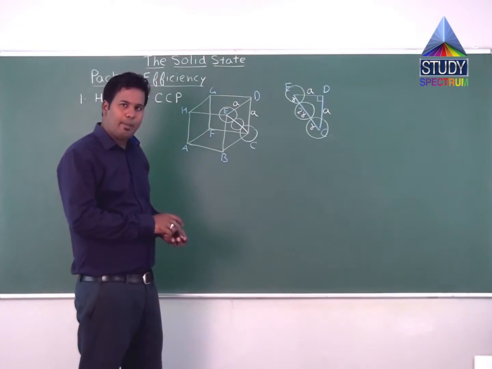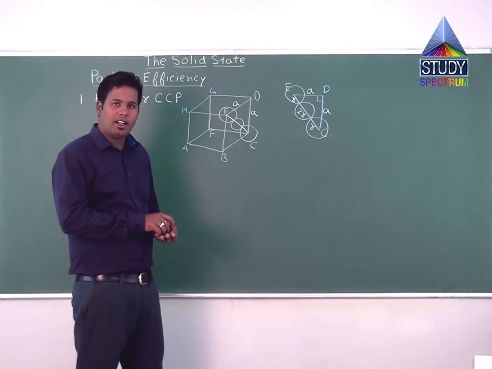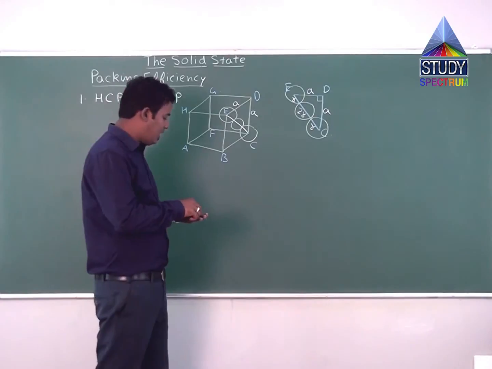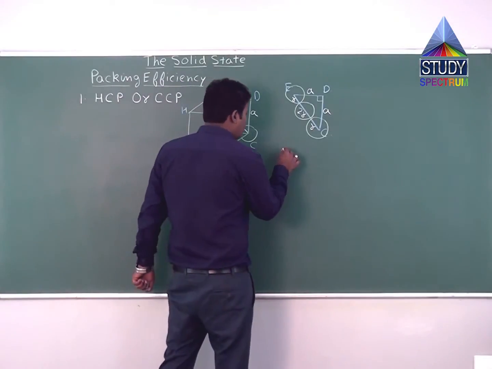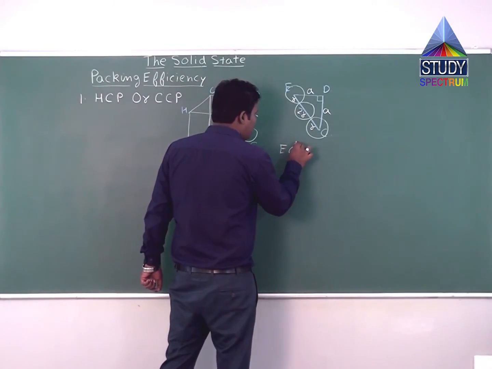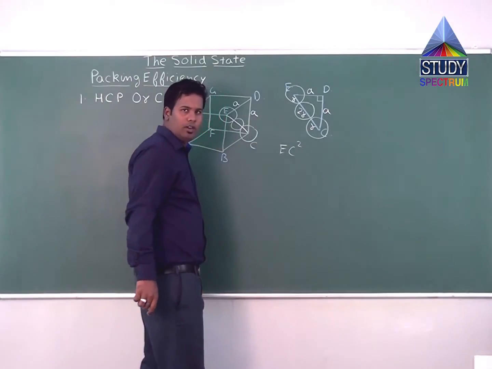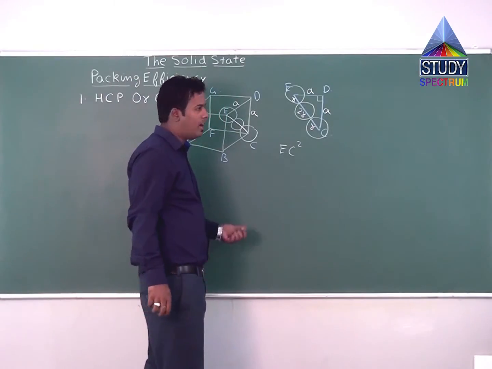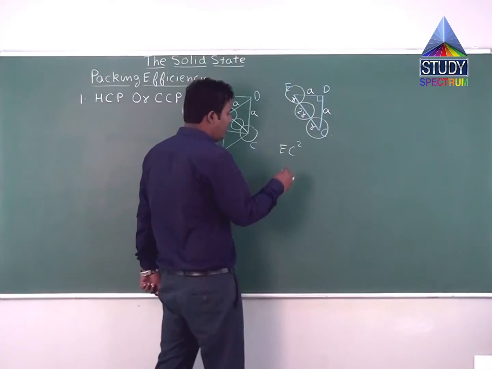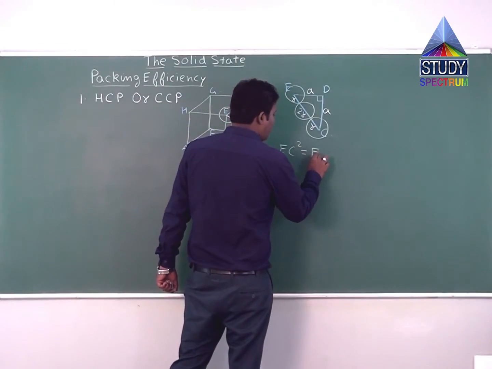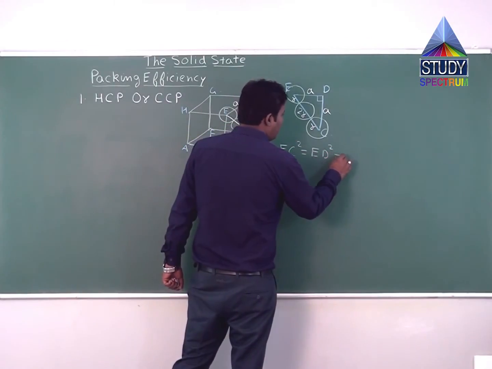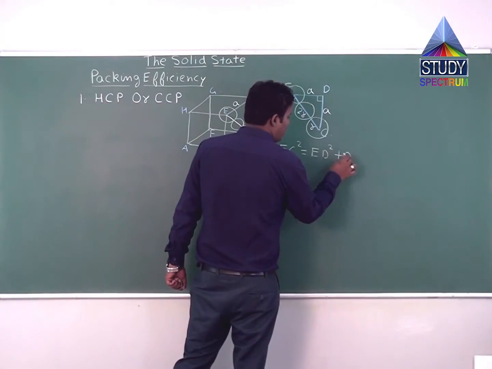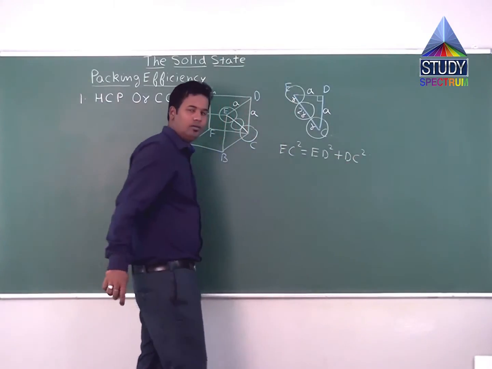Now if we apply Pythagoras theorem in this right angle triangle EDC, then we can say that EC square, which is the hypotenuse of this triangle, EC is the diagonal and also the hypotenuse, is equal to ED square plus DC square. Correct?